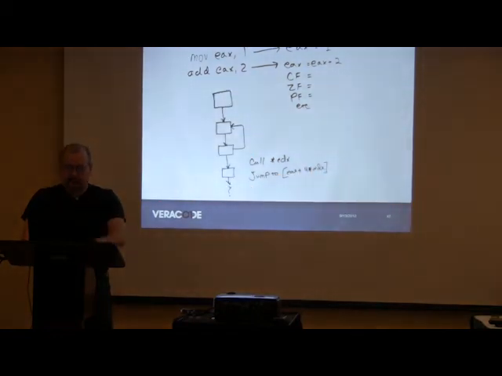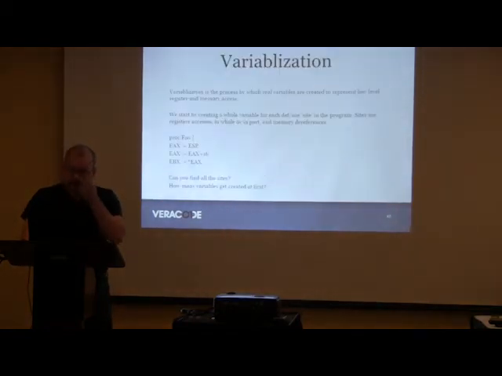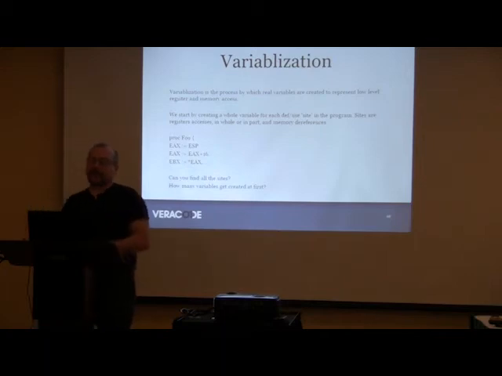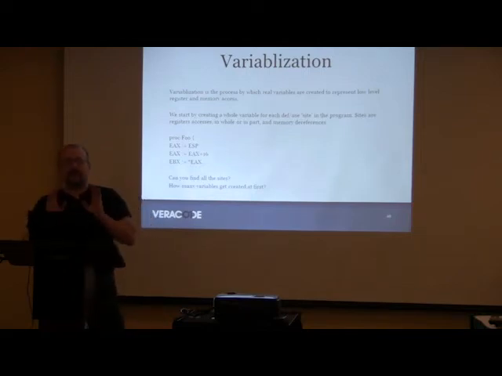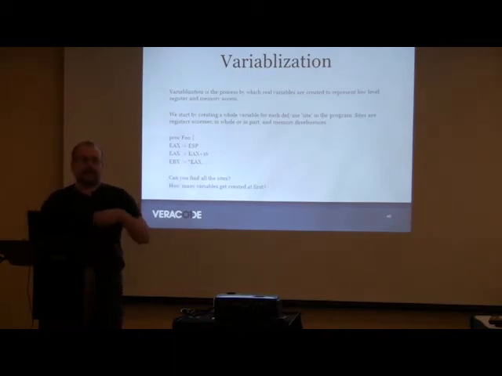So, move on here. Variabilization is the process by which real variables are created to represent low-level register and memory accesses. We start doing this by creating a whole variable, an actual high-level variable, for every single def use site. Until I've told you otherwise, if you say EAX equals 3, and then EBX equals 4, you've got two variables there.